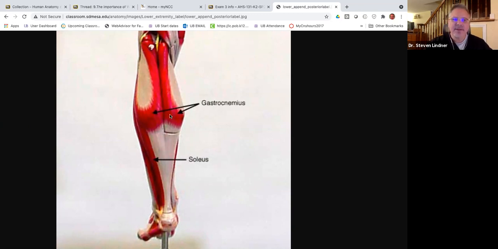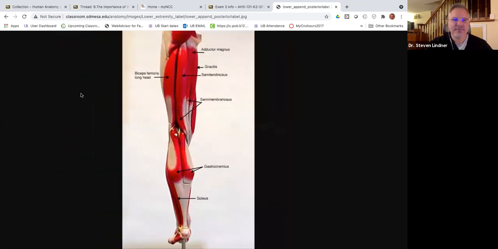But it's deep to both medial and lateral heads of the gastrocnemius. Both the gastrocnemius and the soleus come together and contribute to the Achilles tendon, sometimes also called the calcaneal tendon, because this is the calcaneus. These are posterior compartment muscles, so they plantar flex the foot. Foot plantar flexion or ankle plantar flexion.